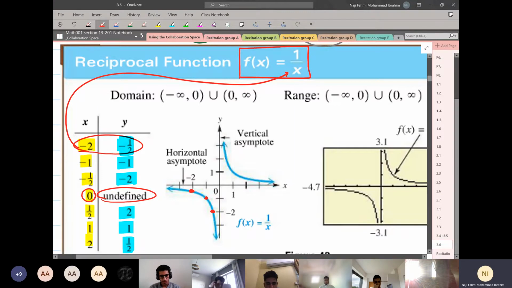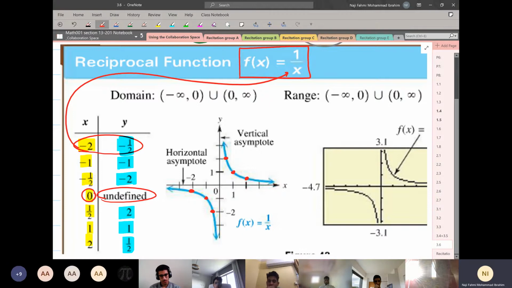The next ordered pair is half with 2, the next is 1 with 1, and the last is 2 with half. Now you can see we cannot make one curve for these points, which means we have to make two curves. So our graph of f of x equals 1 over x is made of two curves, as you can see.